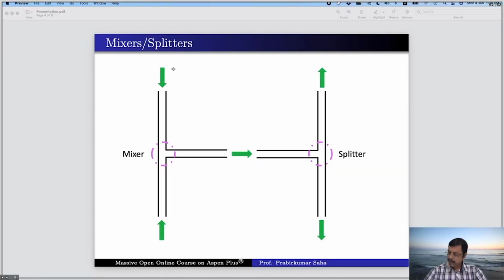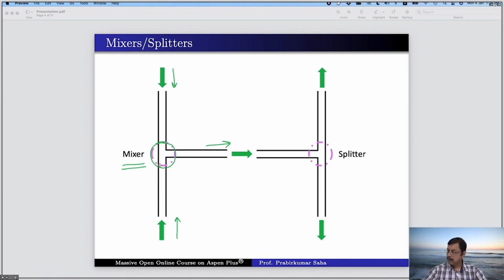Now, this mixer and splitter, they are not any separate instrument. Whenever you find a pipeline where two inlet streams are coming from two directions and they are merged into one single stream which goes out through the outlet stream, then the point of confluence can be regarded as a mixer.